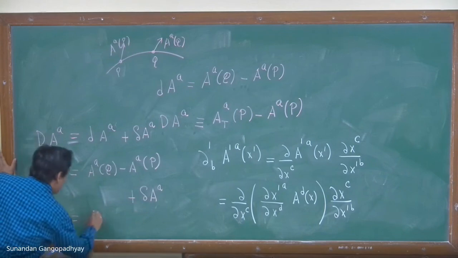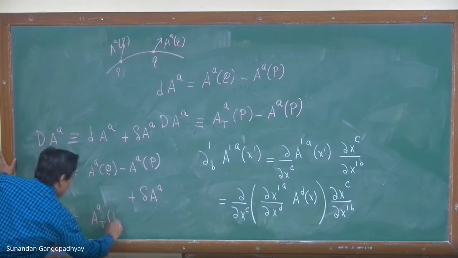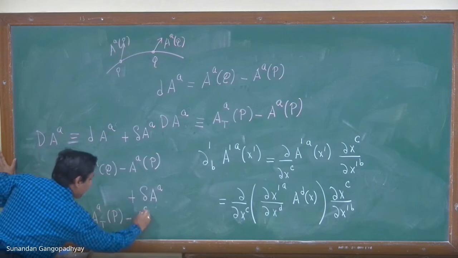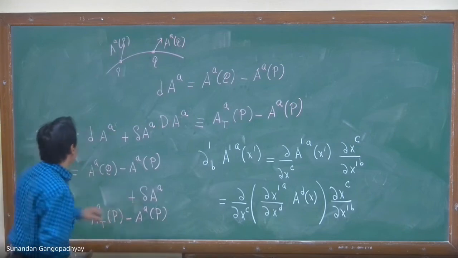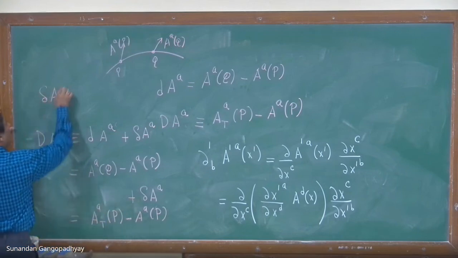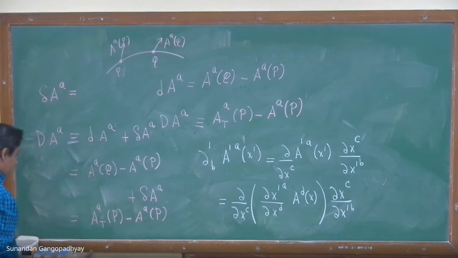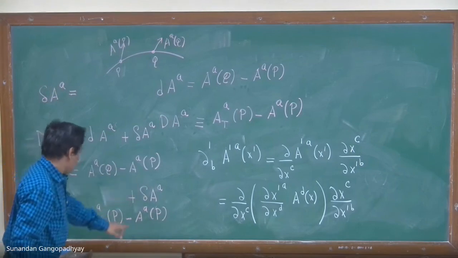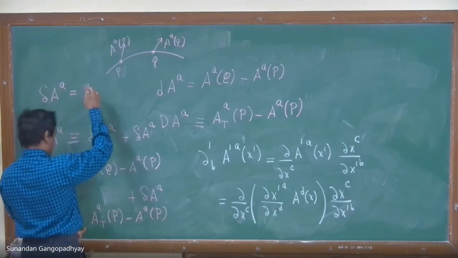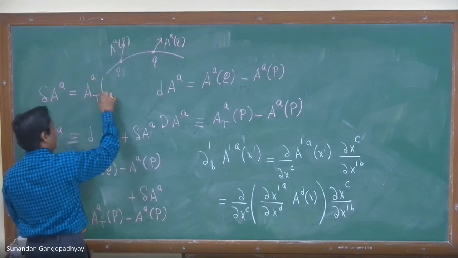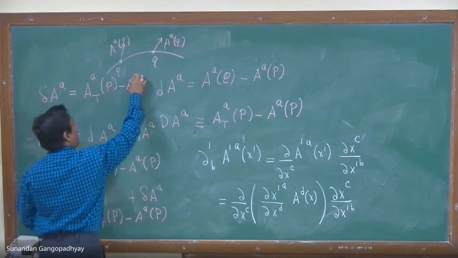This is equal to this. So what should be delta A^A from here? A at Q minus this, and this and this will cancel. So this is nothing but A at P minus the transported vector.